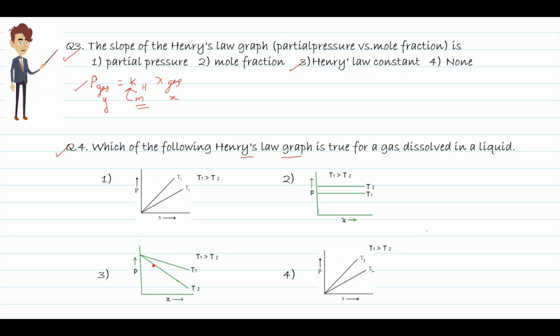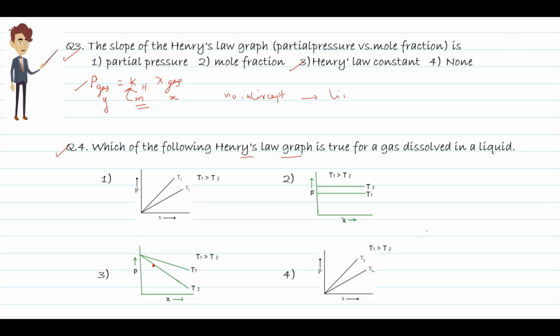Henry's law equation is P gas equal to Kh chi gas. It is a straight line equation, but it does not contain any intercept term. If there is no intercept term, remember the line should pass through the origin. No intercept.